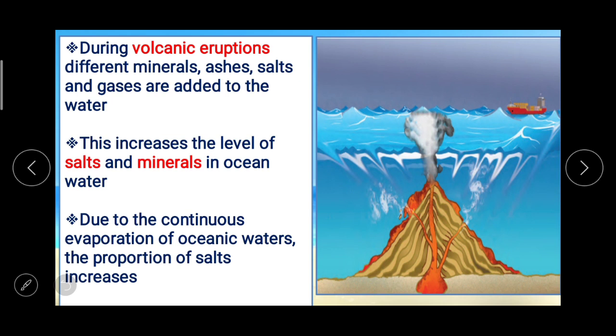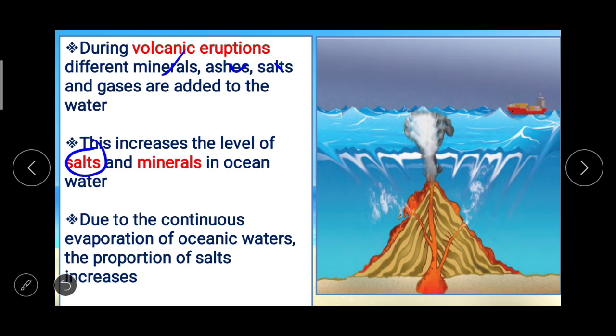In both these processes, the dead remains decompose, releasing various minerals and salts into the ocean water. Now, during volcanic eruptions, what happens? Different minerals, ashes, salts and gases are added to the water, and this increases the level of salt and minerals in ocean water.